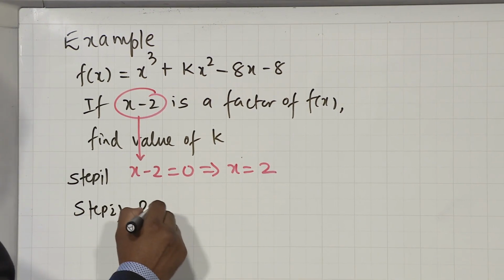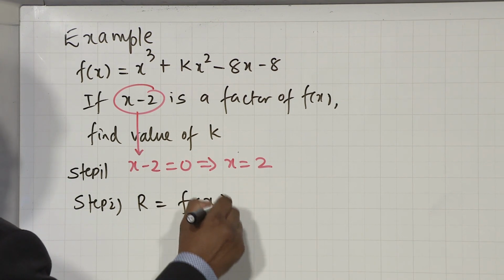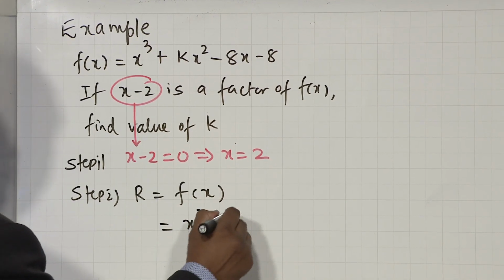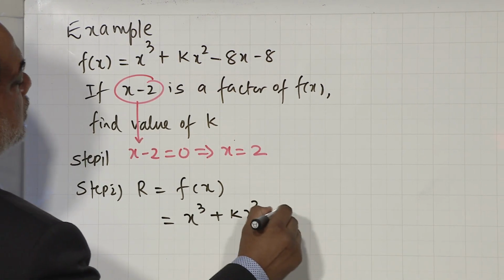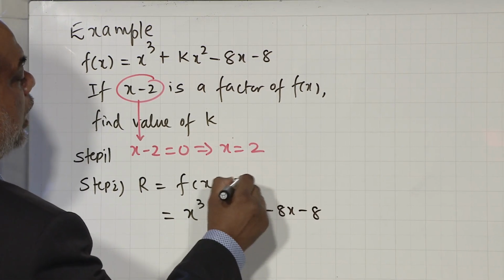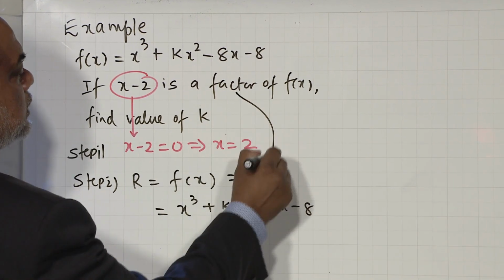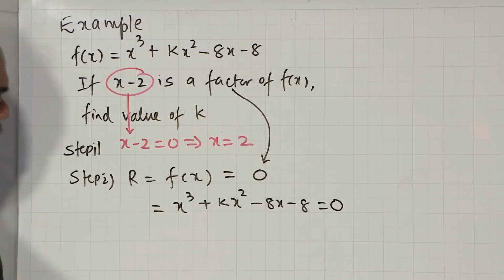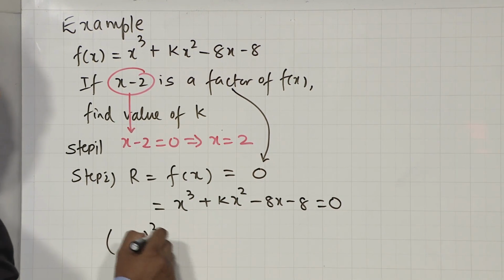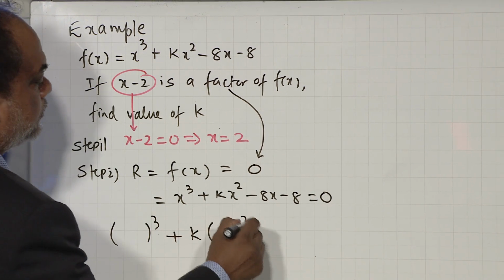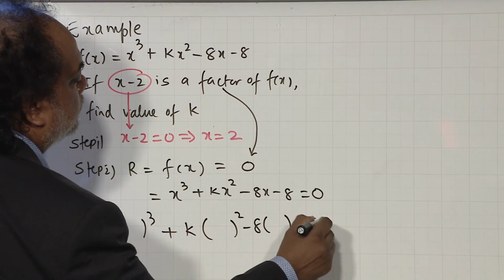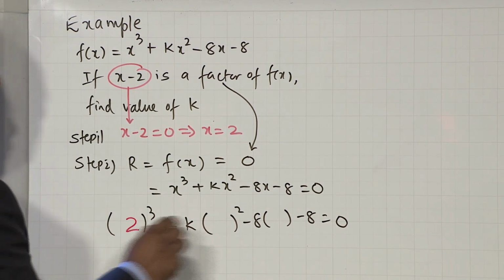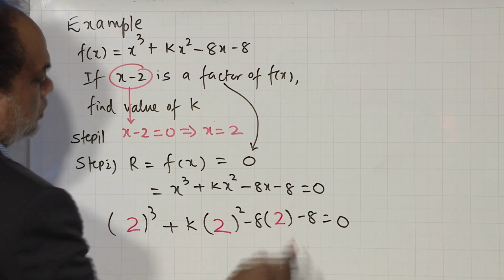We say that the remainder equals f(x). Here f(x) is x cubed plus kx squared minus 8x minus 8. Now, why will it be equal to 0? Because it is a factor. So it is 0. So I'm going to replace x by 2.